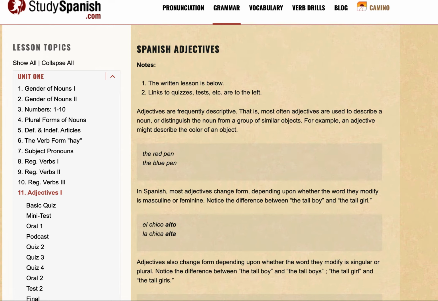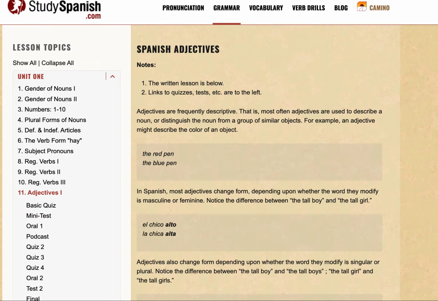So, in the last few videos, we have been going through Spanish adjectives, and we have been seeing how the form of the adjective changes depending on the noun, right? If it's masculine or feminine, if it is singular or plural.